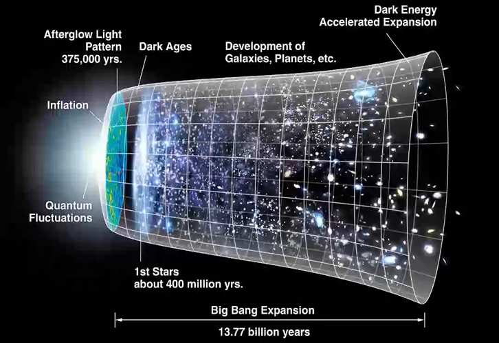Hence we write H_0 to denote the present day Hubble constant for distances much smaller than the size of the observable universe. The Hubble redshift can be thought of as the Doppler shift corresponding to the recession velocity v.